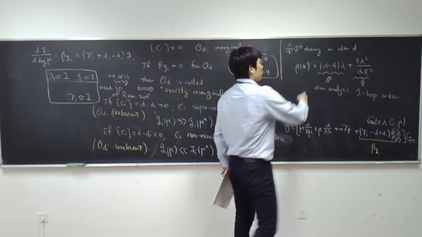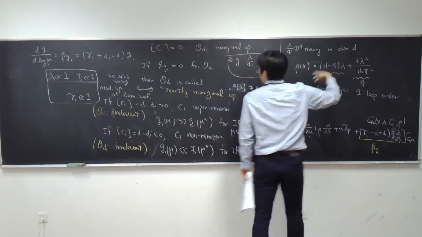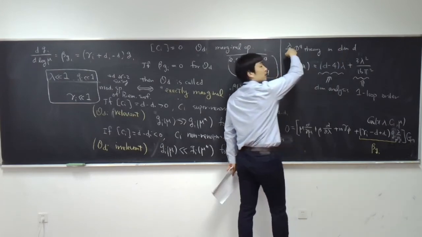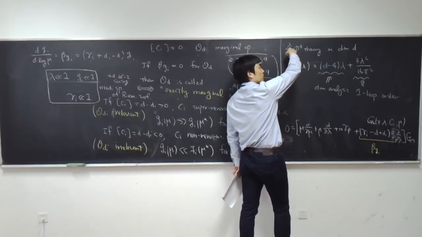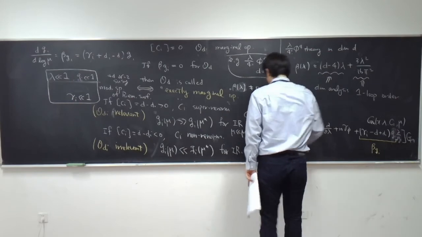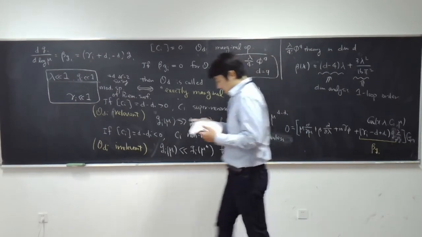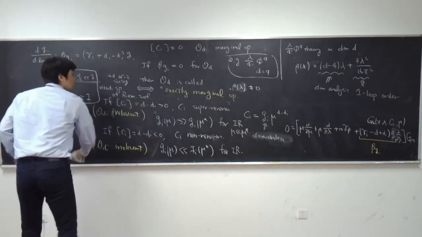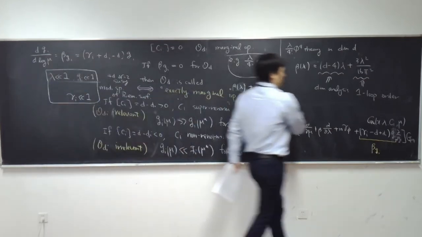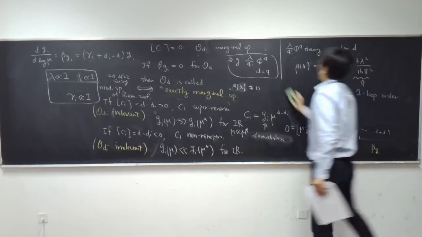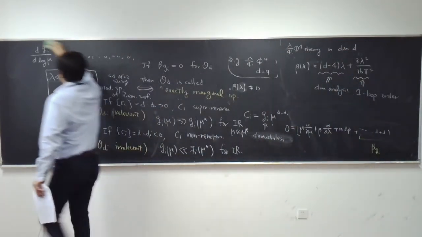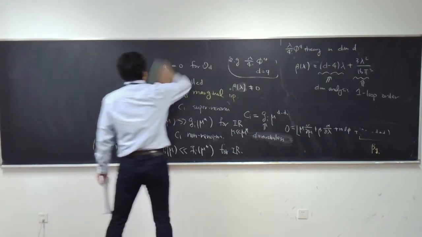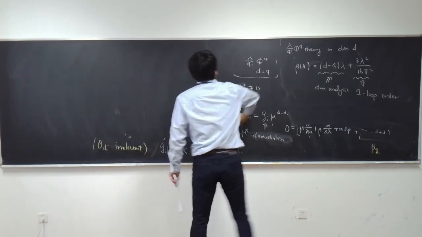Of course, when d equal to 4, there's nothing here. But if you go to arbitrary dimension d, lambda has mass dimension, so the leading order has to be this. And then let's look in more detail at the renormalized coupling constant dependence on the beta function.